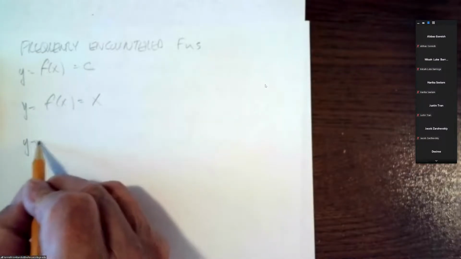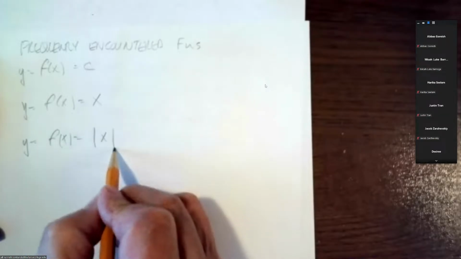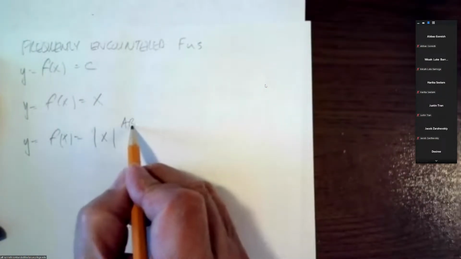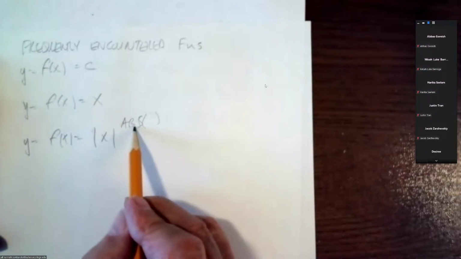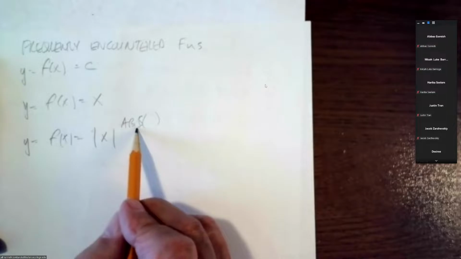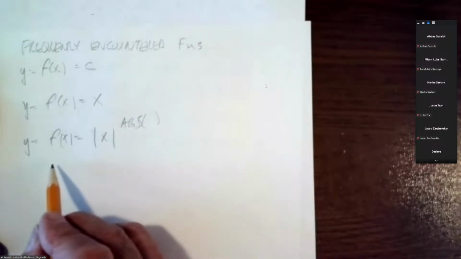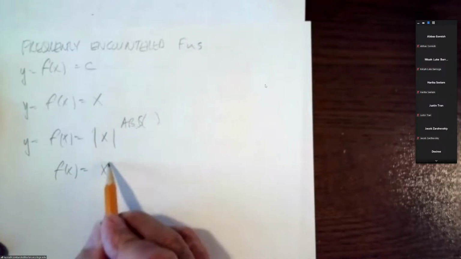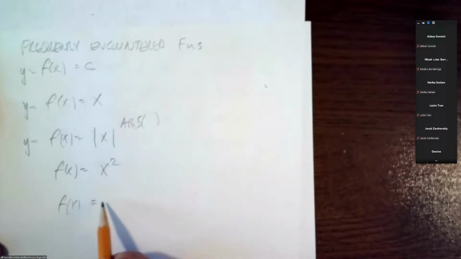We might have f of x equals absolute value of x, where these vertical bars represent absolute value. If you go into your calculator and go into the catalog, you'll see an absolute value function, and that represents this. You might see an f of x that is an x squared. You might have an f of x that's a square root.